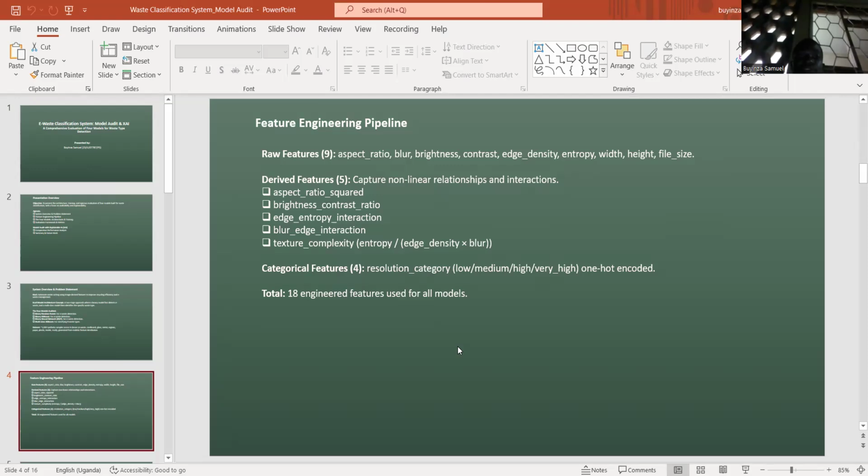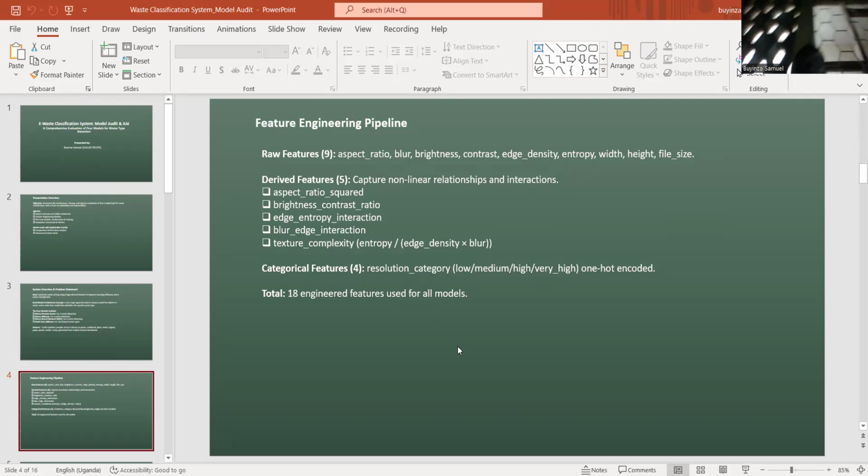So when we look at the feature engineering pipeline, we look at the raw features, that is the aspect ratio, the blur, brightness, contrast, edge, to mention but a few. Then the derived features capture the nonlinear relationships and interactions, where we have aspect ratio squared, brightness-contrast ratio, edge entropy, interaction, and the others as seen.